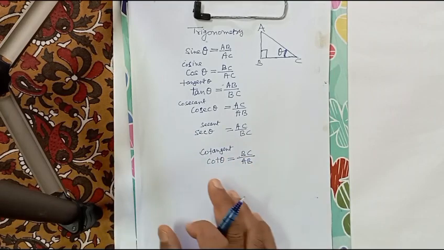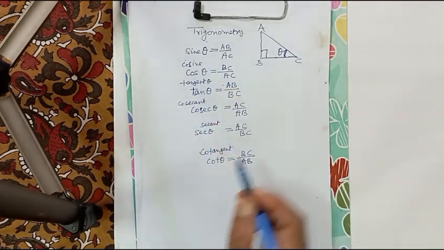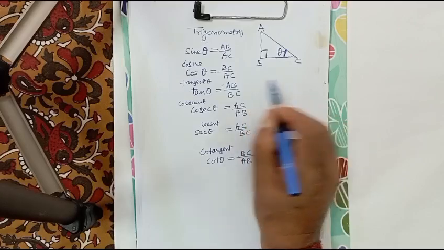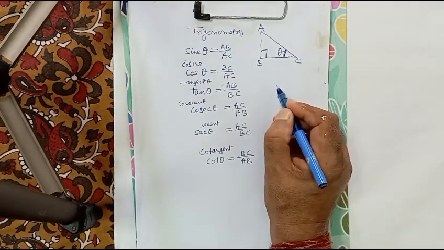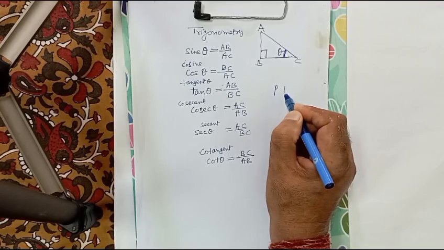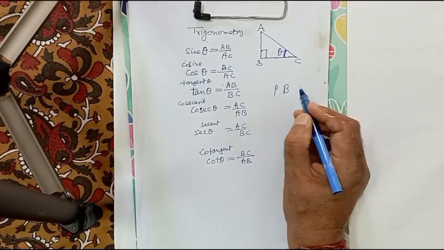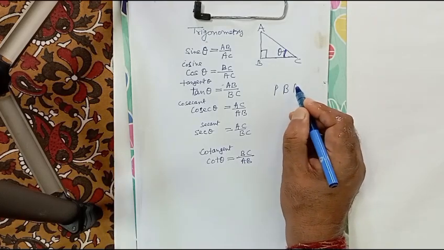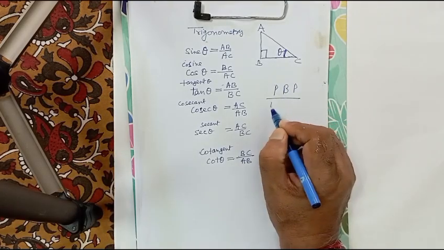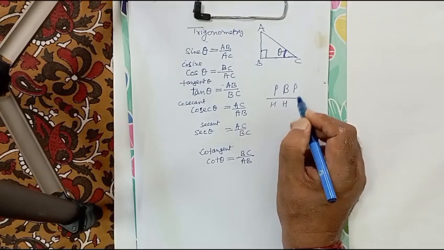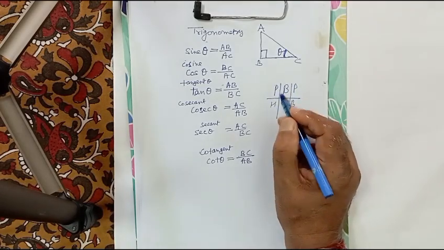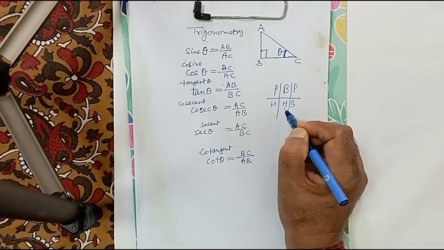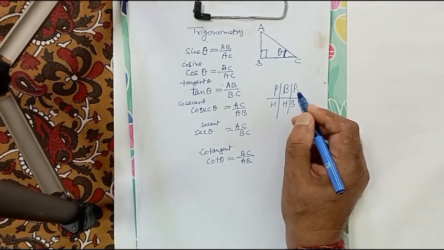For short form, you can learn it like this: P upon H, B upon H, and P upon B. So perpendicular upon hypotenuse, base upon hypotenuse, and perpendicular upon base.